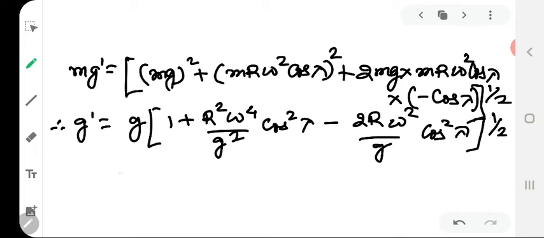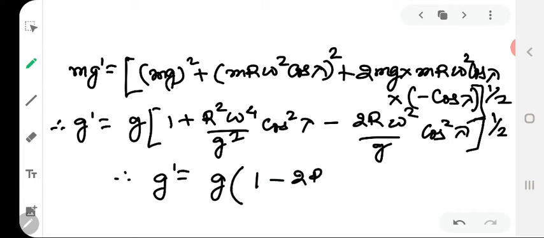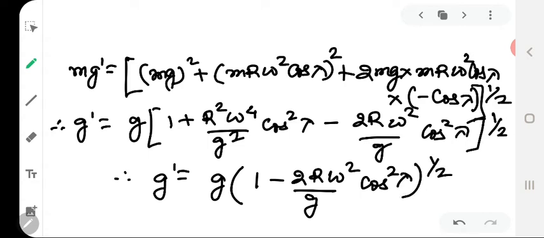Therefore, we can write down g dash to be equal to g times 1 minus 2r omega square by g cos square lambda raised to the power half.